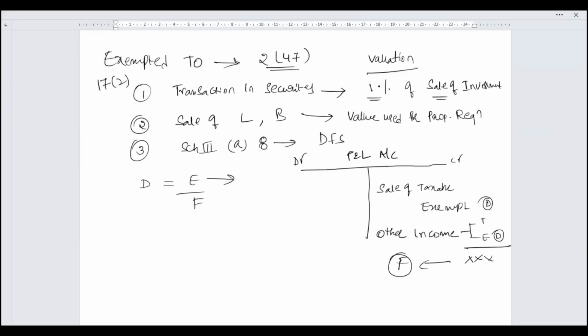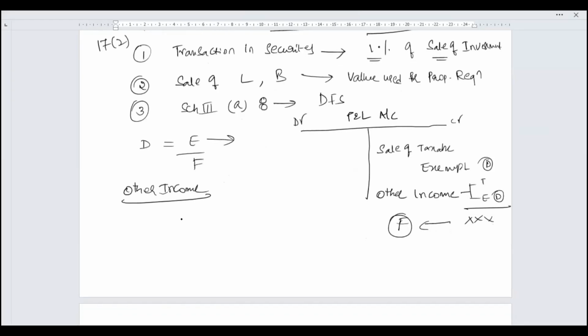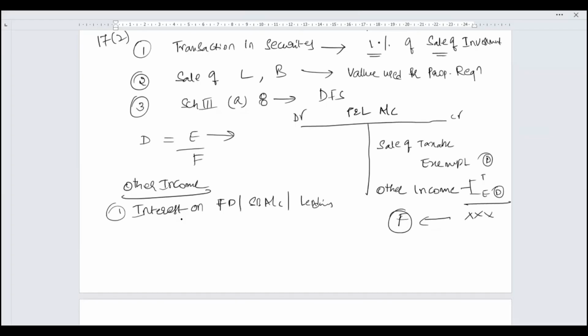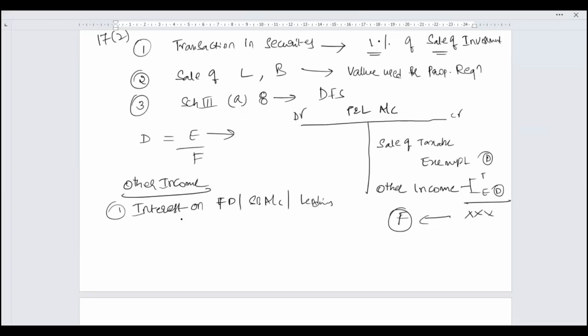In this other income, generally, when I look at my other income in my P&L account, I may have interest on fixed deposits or savings account, or your interest income where I gave for lending, other lending, like the pawnbroker or someone who does it on a regular basis.